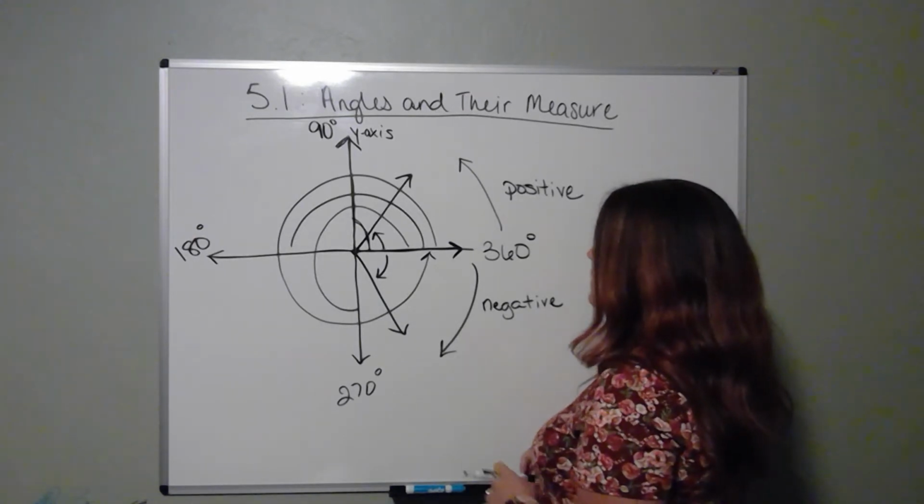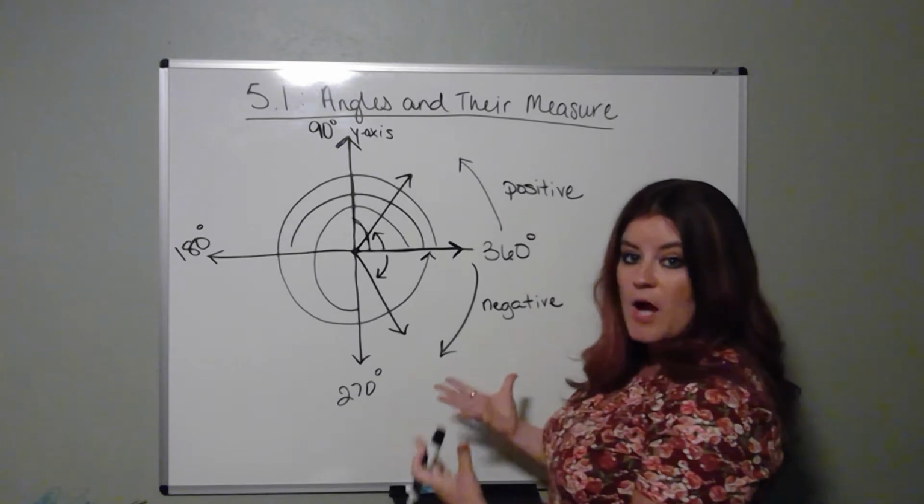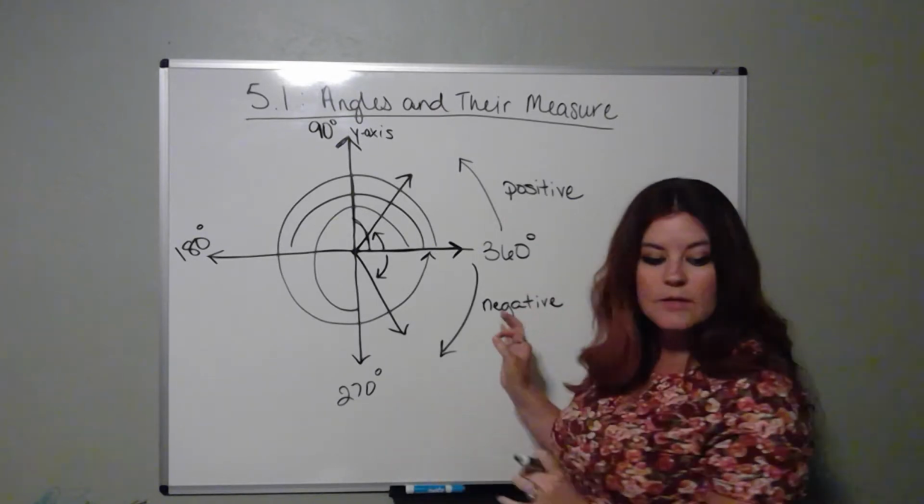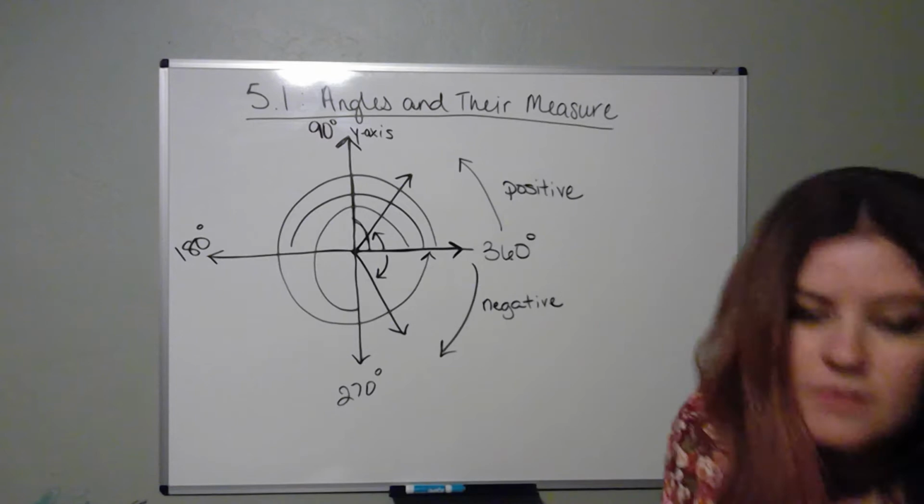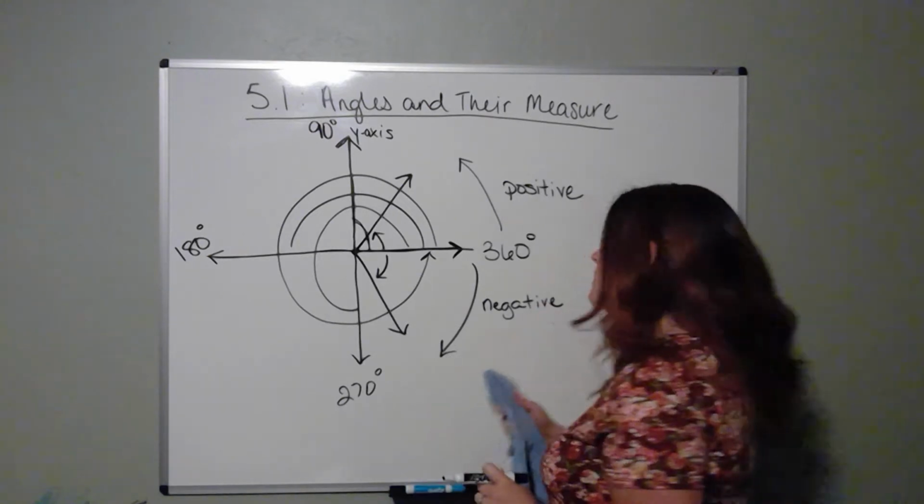All right, so that outlines some of our positive angles. I'm going to erase a little bit off of this circle so I have some room, and we'll talk about some negative angles.